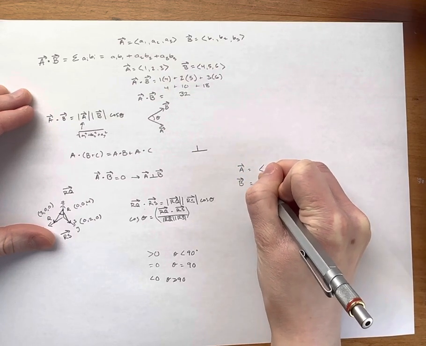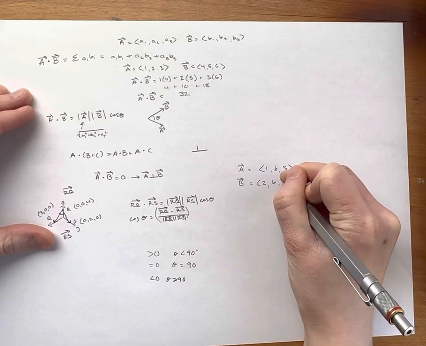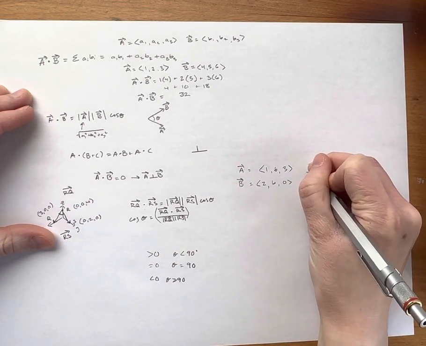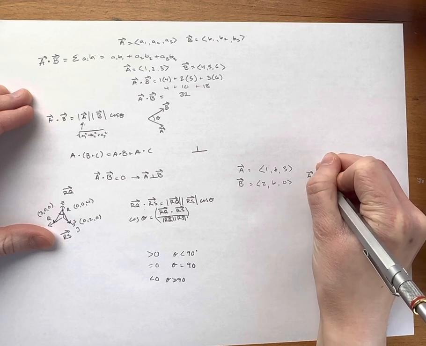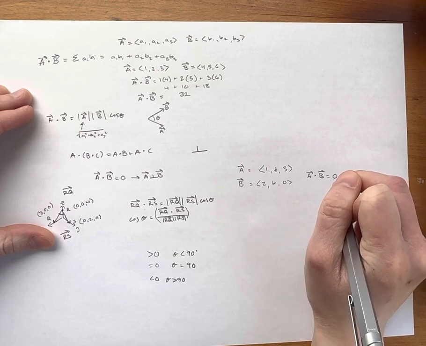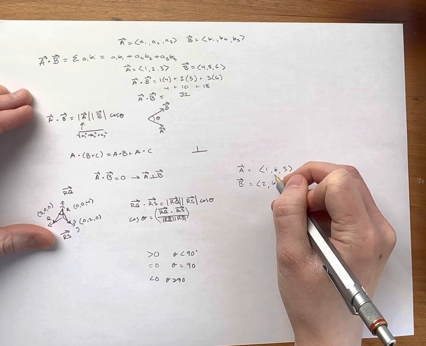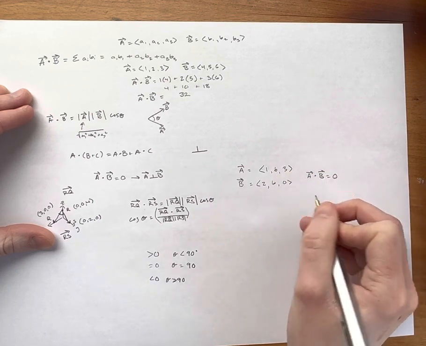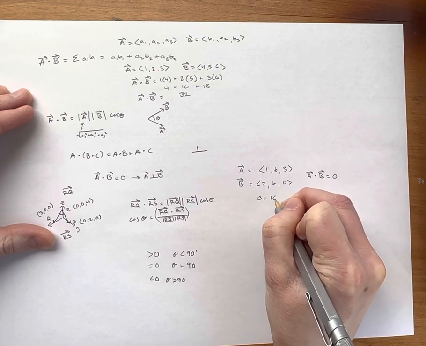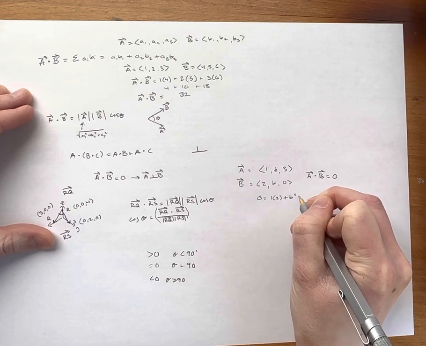And then vector B is, say, 2, b, 0, and you know that they are perpendicular to each other, and say you want to know what the value of b is that will make them perpendicular.